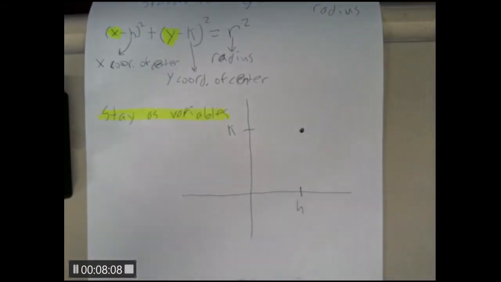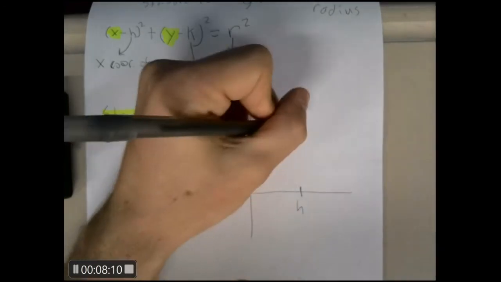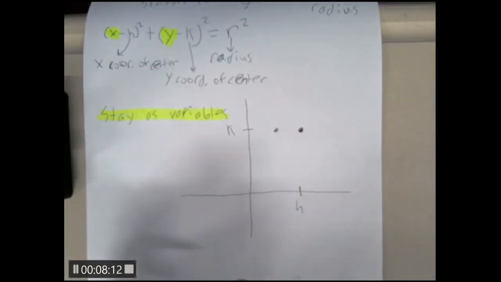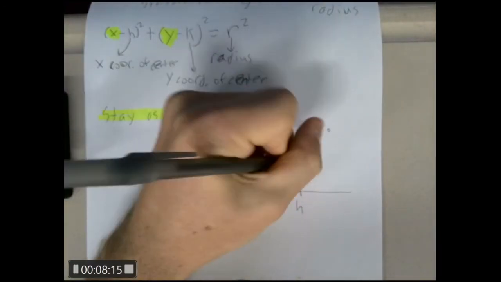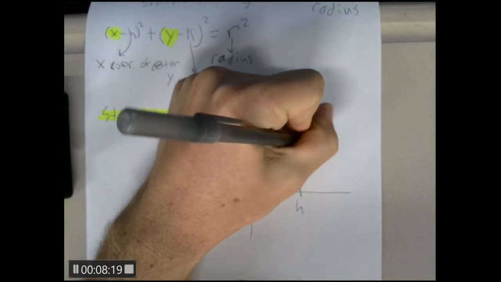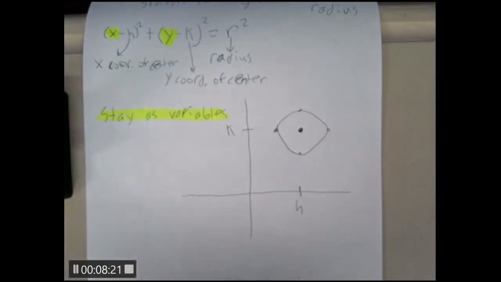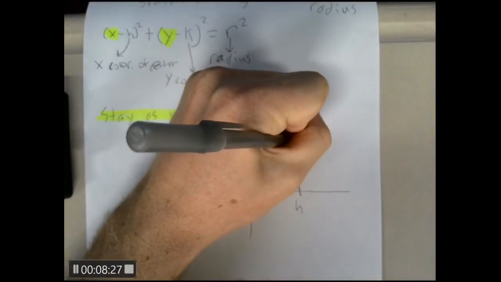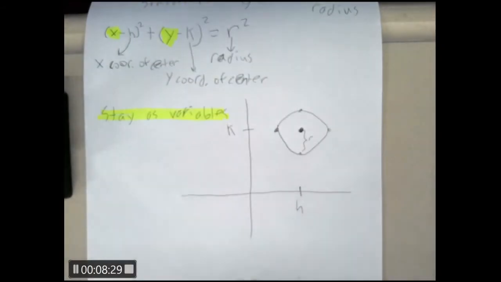Then we know what our radius is. Our radius is r. And so I'm just going to go over r, go down r, go up r, and draw a nice little circle. Ideally that would be perfectly symmetrical, but we live with what we have.